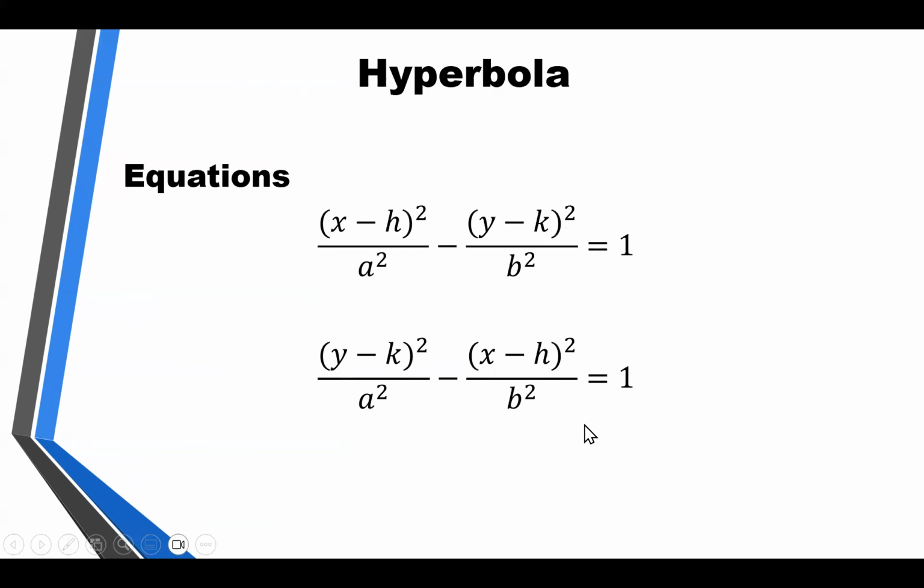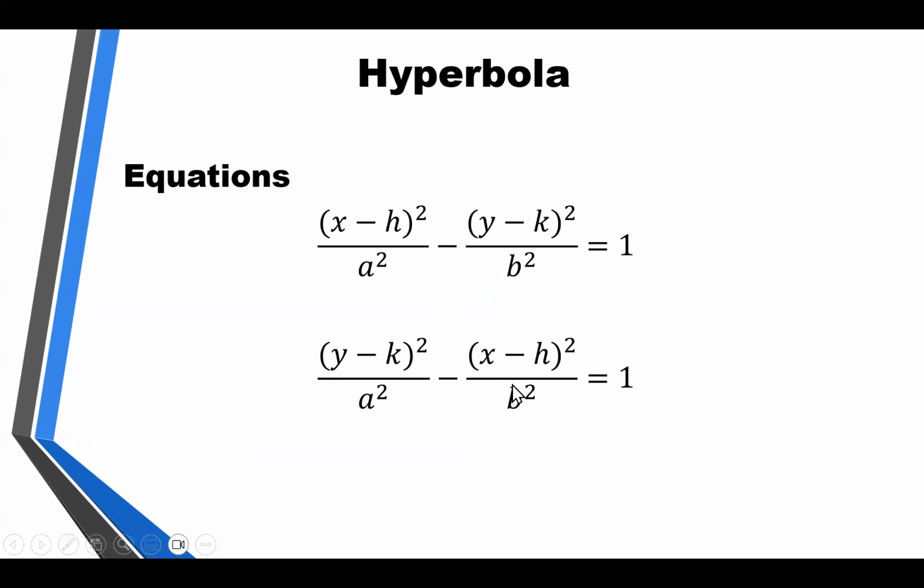And remember, slope is change in y over change in x. In this first equation, since the b part is under the y, the asymptotes will be slope b over a and negative b over a.